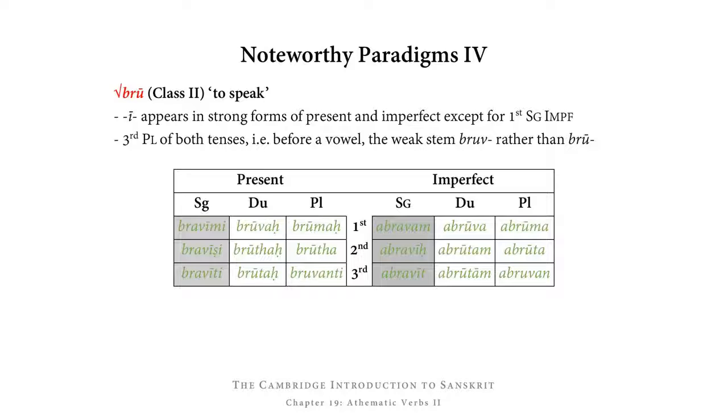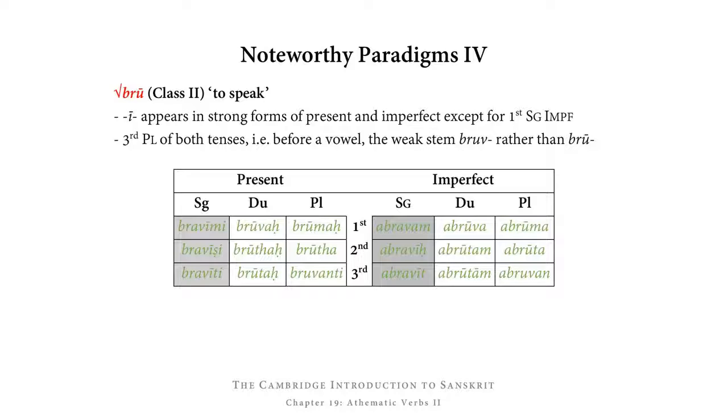Up next is brū, another class 2 verb meaning to speak. In brū we have the strong stem in the singular, the weak stem in the dual and plural. And in the strong forms, so in the singular forms, we furthermore have an i appearing after the stem and in front of the ending, everywhere except for the first singular of the imperfect.